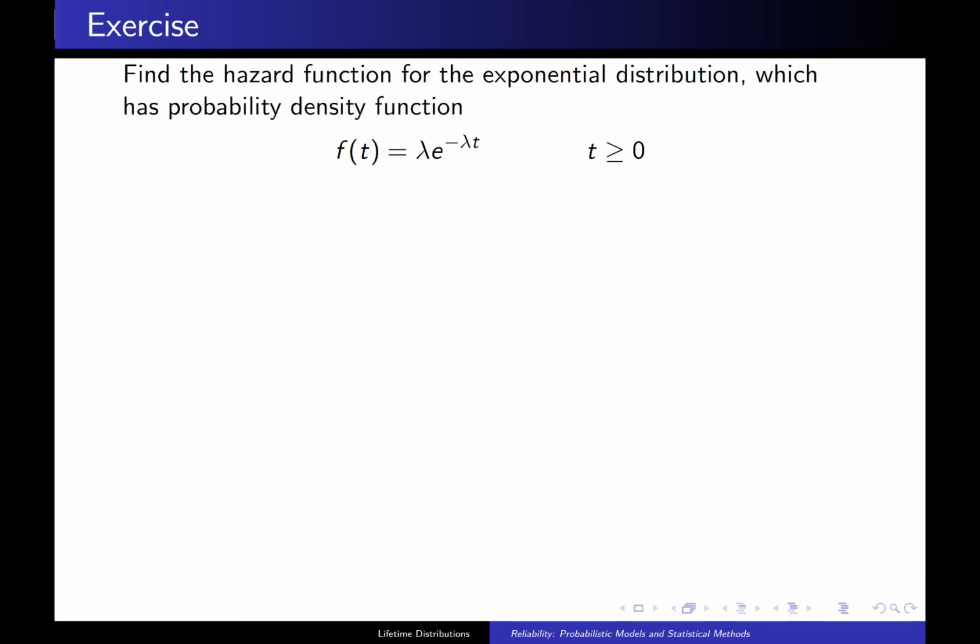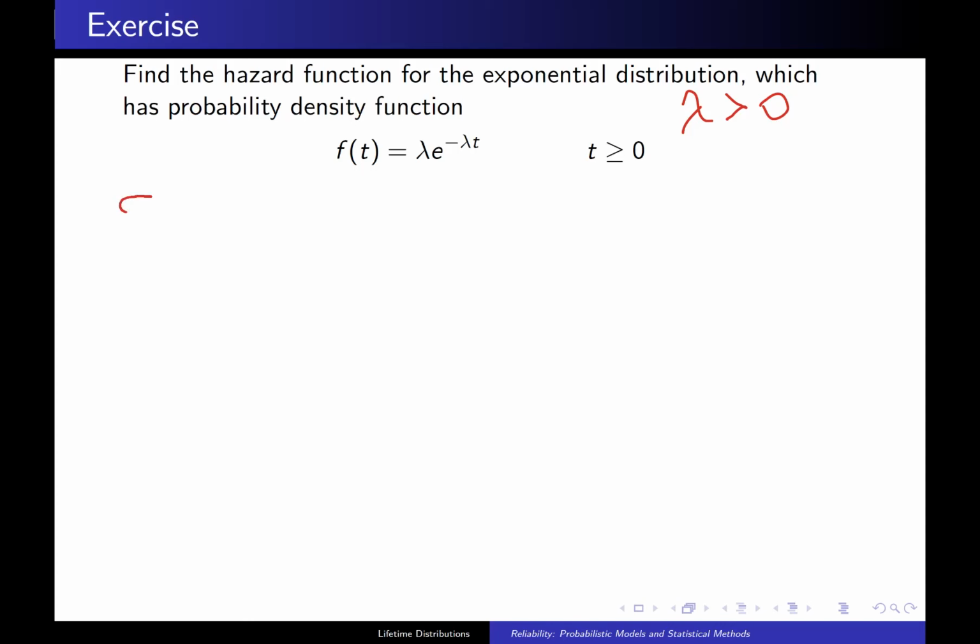Here's an exercise. Find the hazard function for the exponential distribution, which has probability density function f of t equals lambda e to the minus lambda t for t greater than or equal to 0. And this parameter lambda is known as a failure rate, and there is an assumption that lambda is greater than 0 in this particular case.